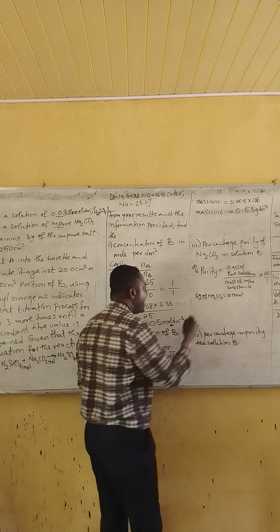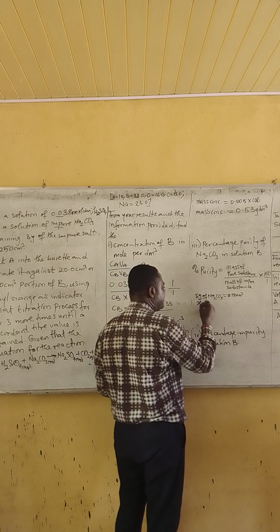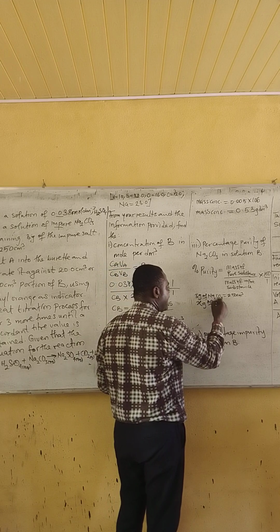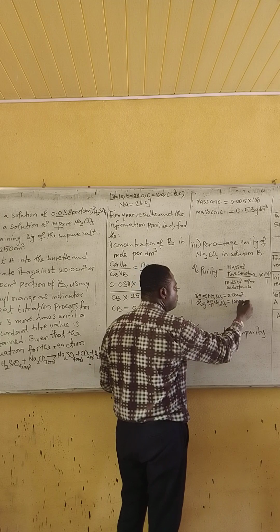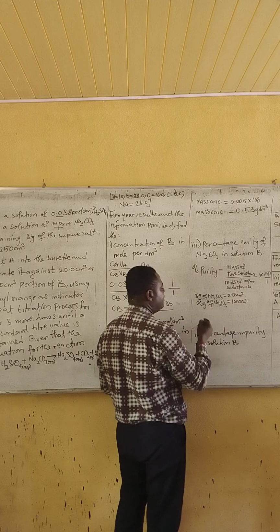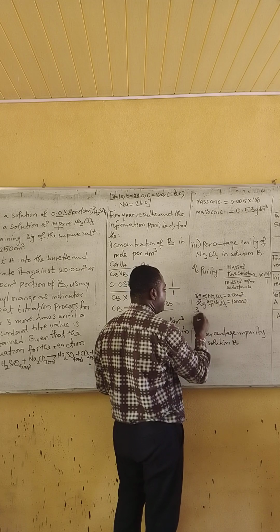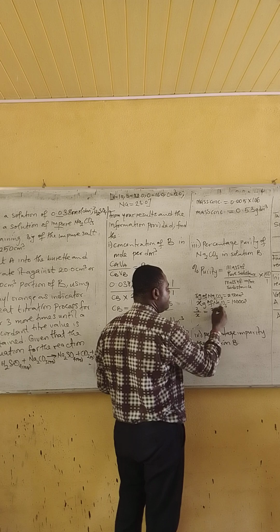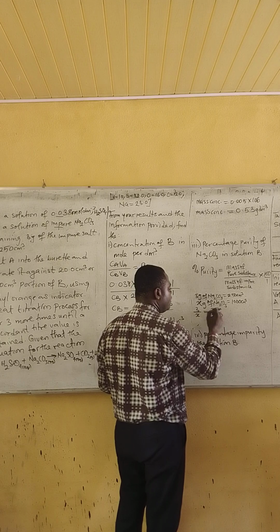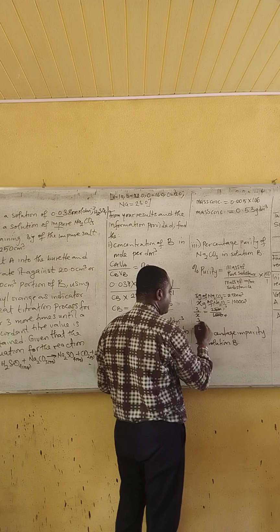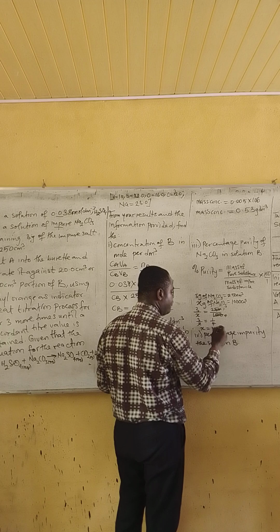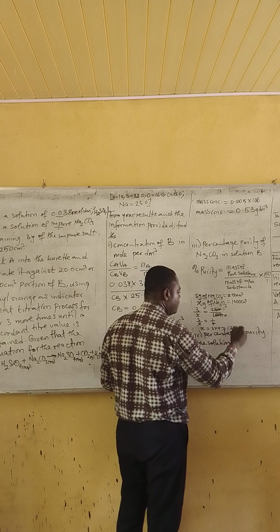So we are looking for the mass, which we don't know, we represent by X. X gram of Na2CO3 that will dissolve in 1000 cm3. So we now have 3 over X is equal to 250 over 1000. 250 here is 1, 1000 here is 4. So we have 3 over X equals 1 over 4. Our X will now be 3 times 4. Answer is 12 grams per dm³.